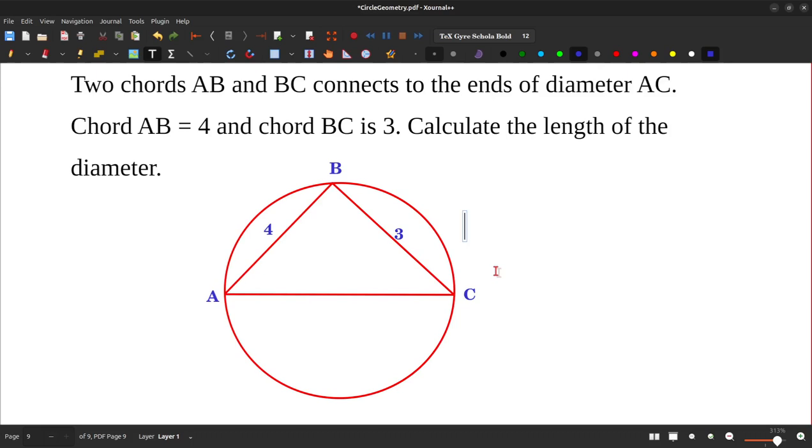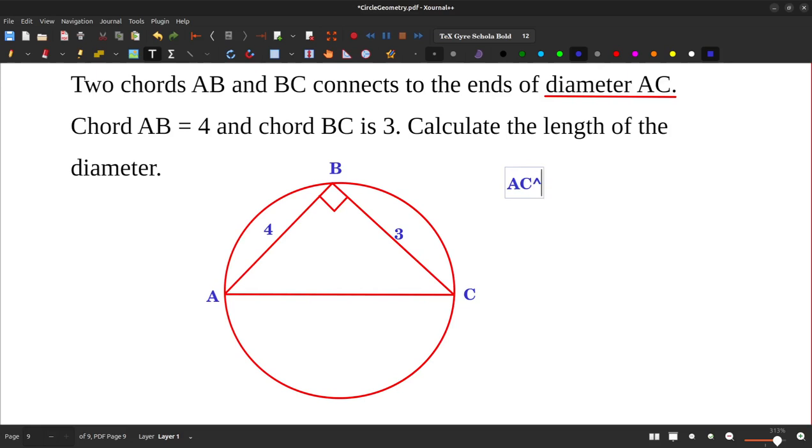How do you find that side without knowing even a single angle in the circle? But now let's go to the question. AC is a diameter. So if this is a diameter, this should be 90 degrees. That's the trick. So once this is 90 degrees, then you are having a right angle triangle. You want that side, you are given two sides. You can use what? The Pythagorean theorem. It says the hypotenuse squared. Our hypotenuse in this case is AC.